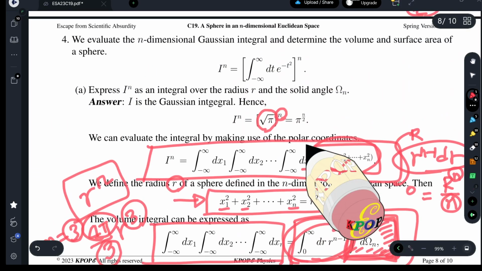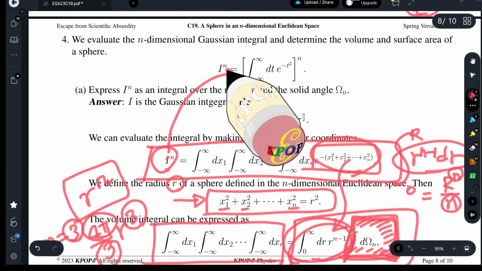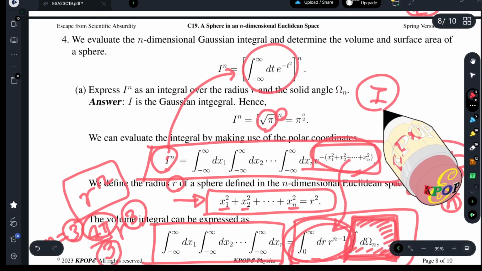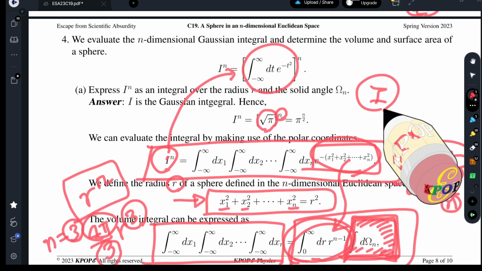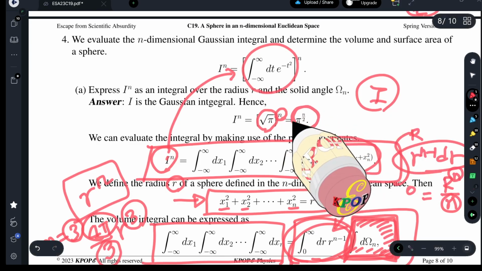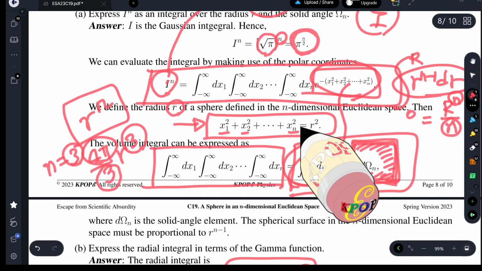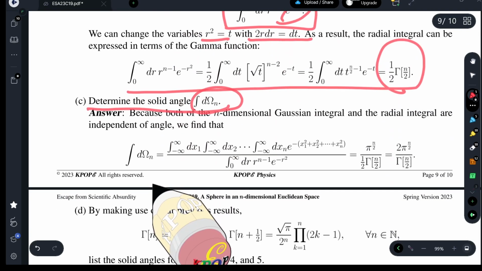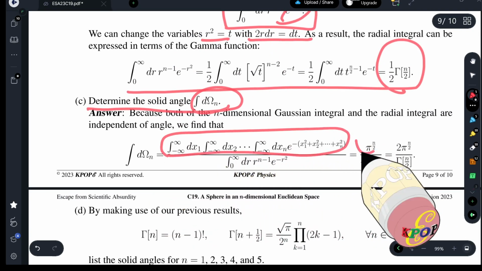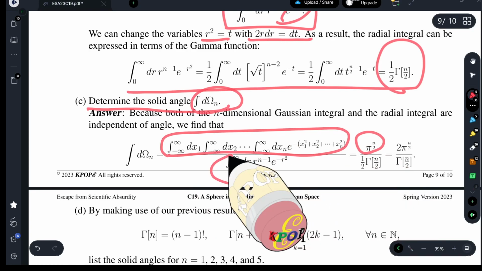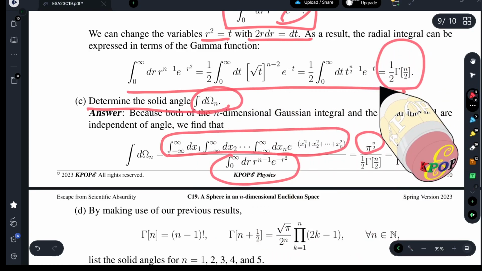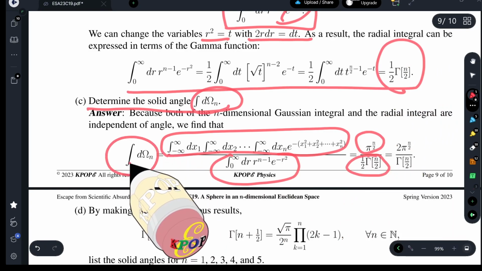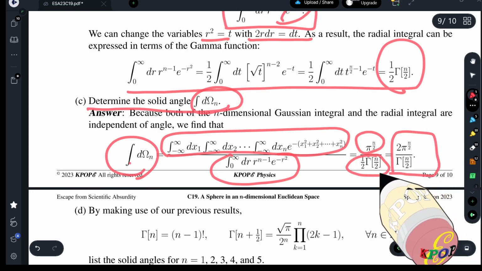We recall that this integral can be evaluated directly by multiplying I, the one-dimensional Gaussian integral, n times. We know the answer, and we know the radial integral, this. Therefore, we can determine the angular integral, that is this.